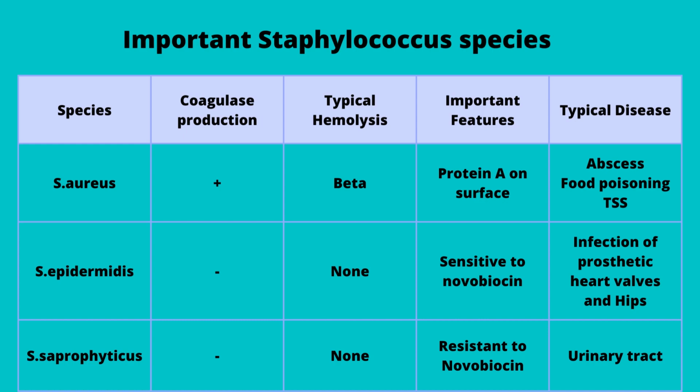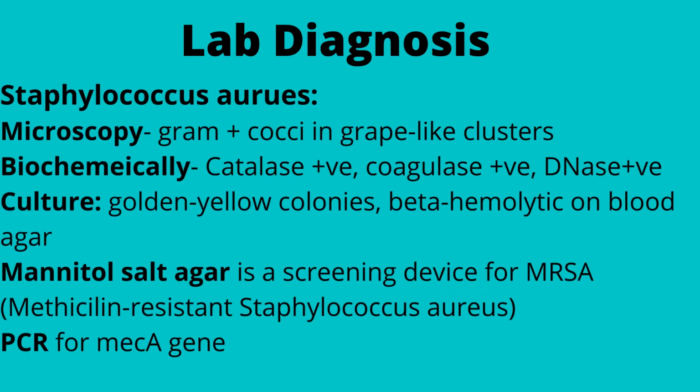to novobiocin. Lab diagnosis of Staphylococcus aureus includes: on microscopy, they are gram-positive cocci arranged in grape-like clusters. Biochemically, they are catalase positive, coagulase positive, and DNase positive.